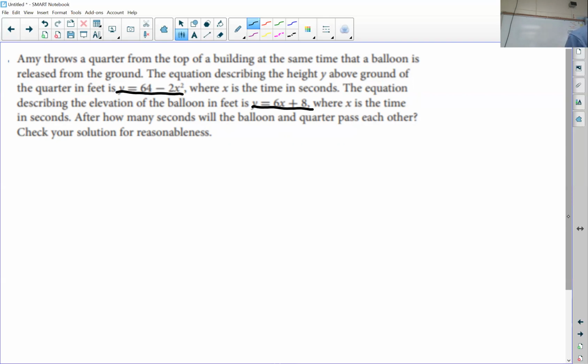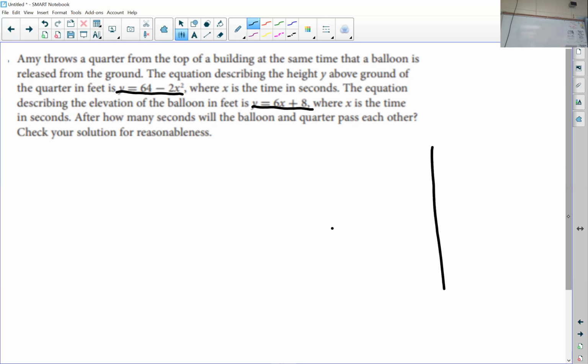Enter 64 minus 2x squared and 6x plus 8.